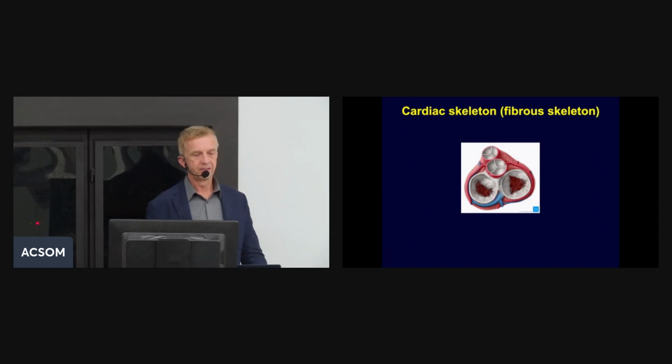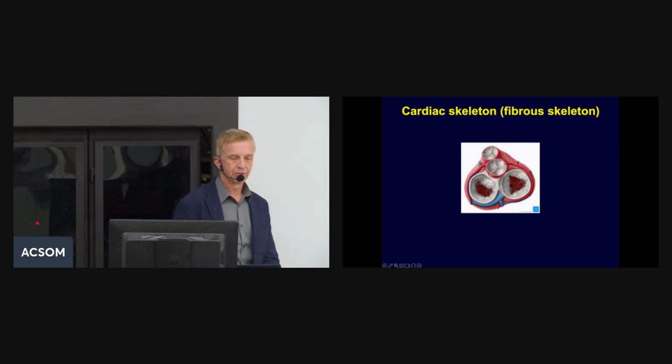Now I put this picture. This is the skeleton of the heart, or fibrous skeleton, which is formed by fibrous tissue, which basically doesn't allow the impulse to be conducted outside the AV node. So it is formed by the annulus of these valves, tricuspid, mitral valve, and the pulmonic and aortic valve. So there is an annulus, and then there is also fibrous tissue in between.